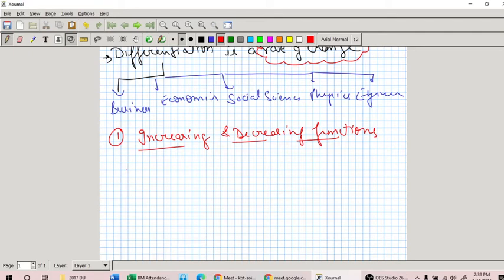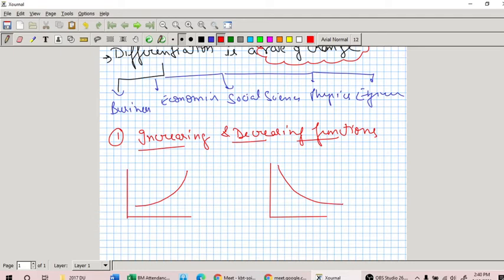if it's a graph, here we have a curve like this, and there is another graph, and we have another curve like this.